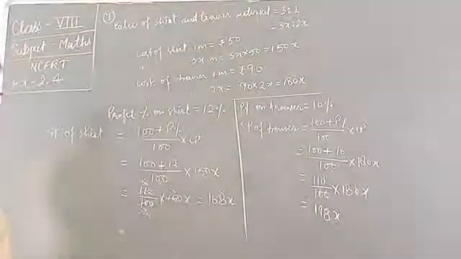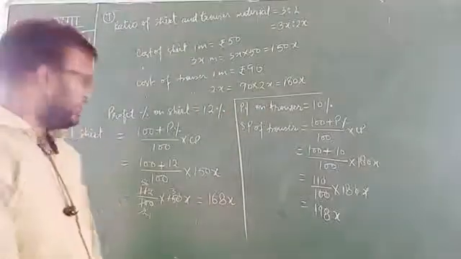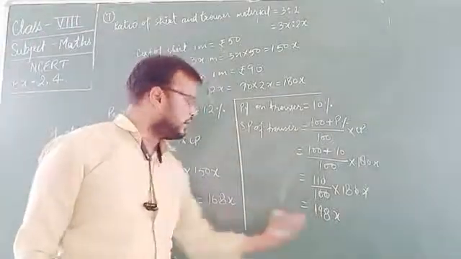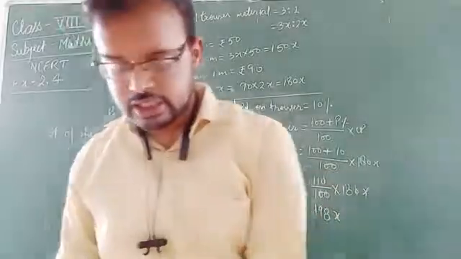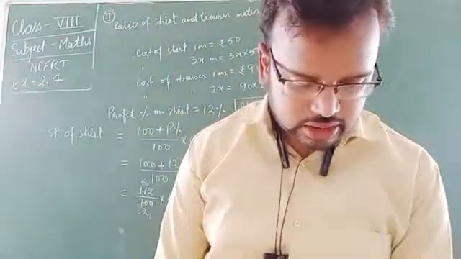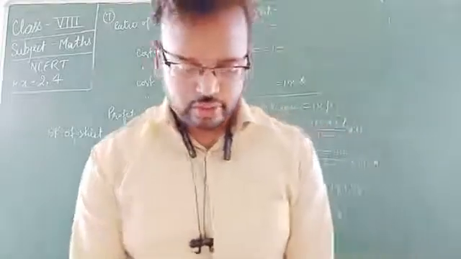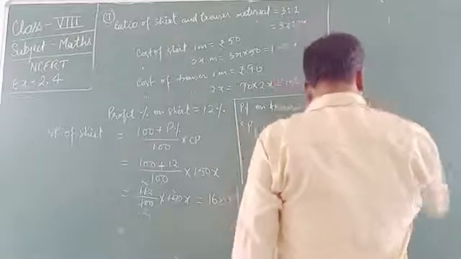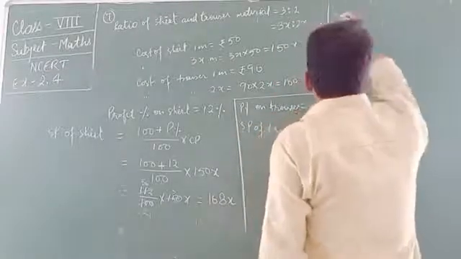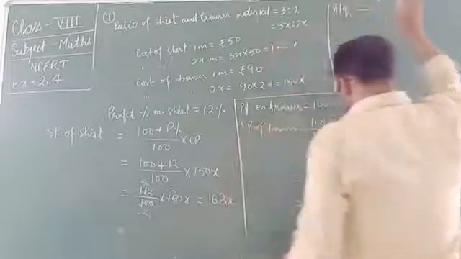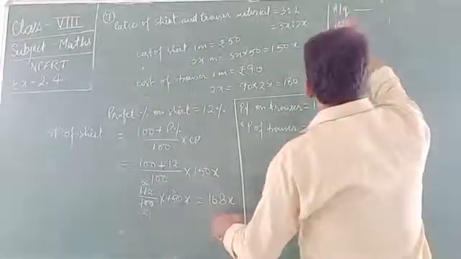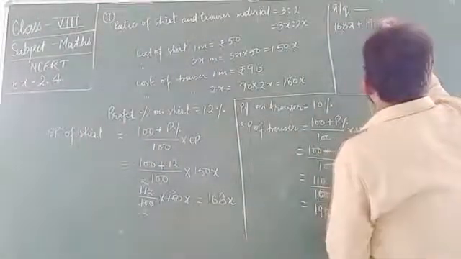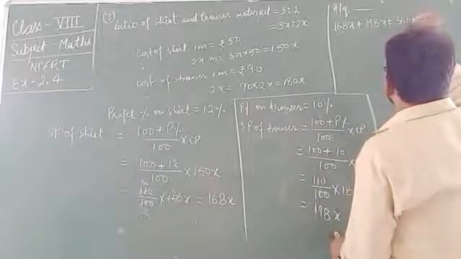Okay. Now, according to the question, if we sell both shirt and trouser, the selling price is equal to 36,600. So according to the question, 168x plus 198x equals 36,600.